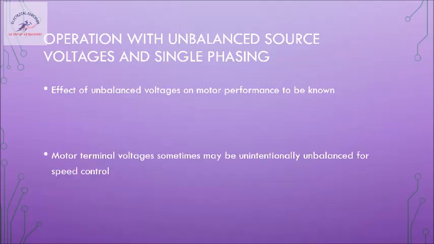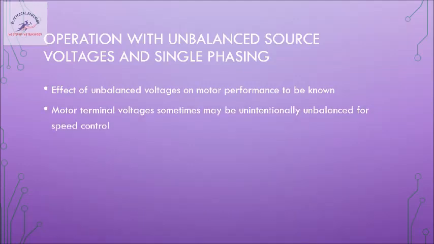Motor terminal voltages sometimes may be unintentionally unbalanced. For speed control, this particular point we shall discuss in later videos when we learn about speed control using drives for a three-phase induction motor. For the time being, we'll understand that unintentional unbalance is not good.